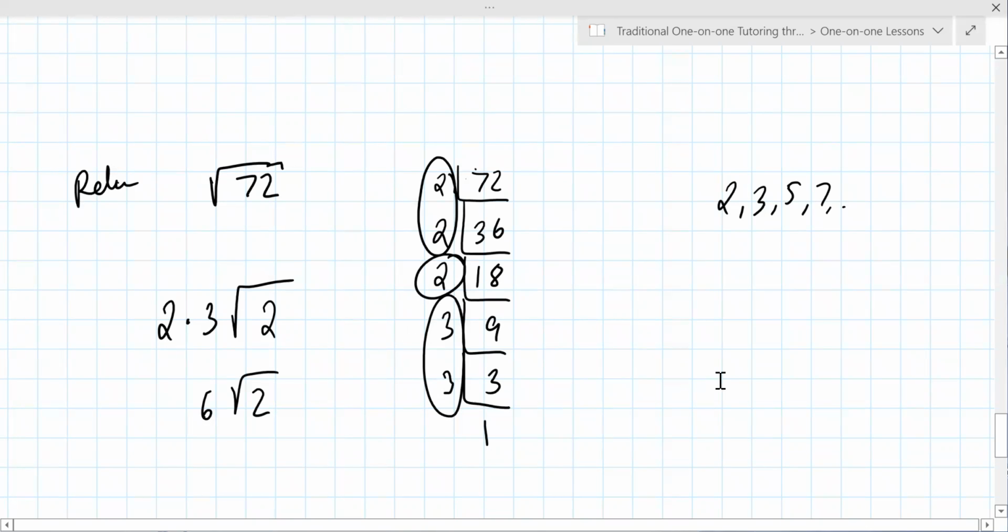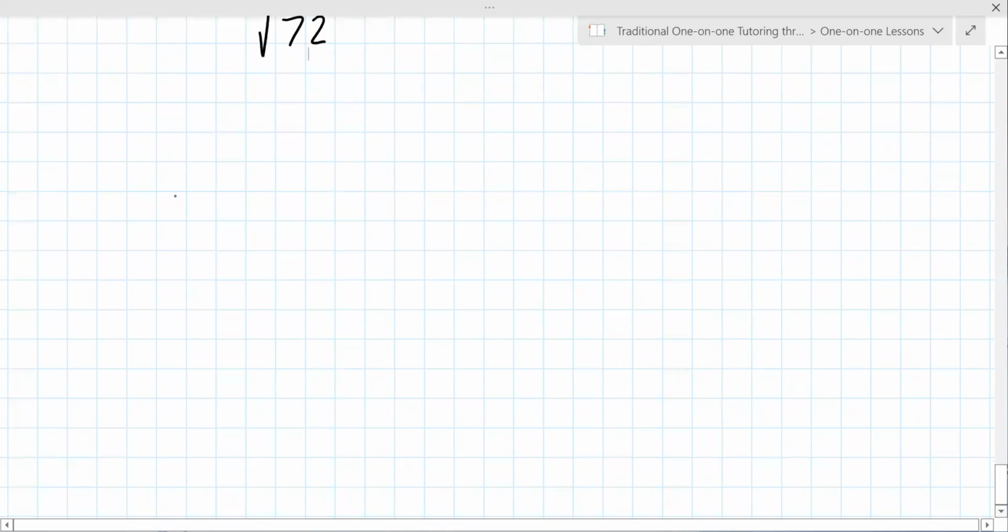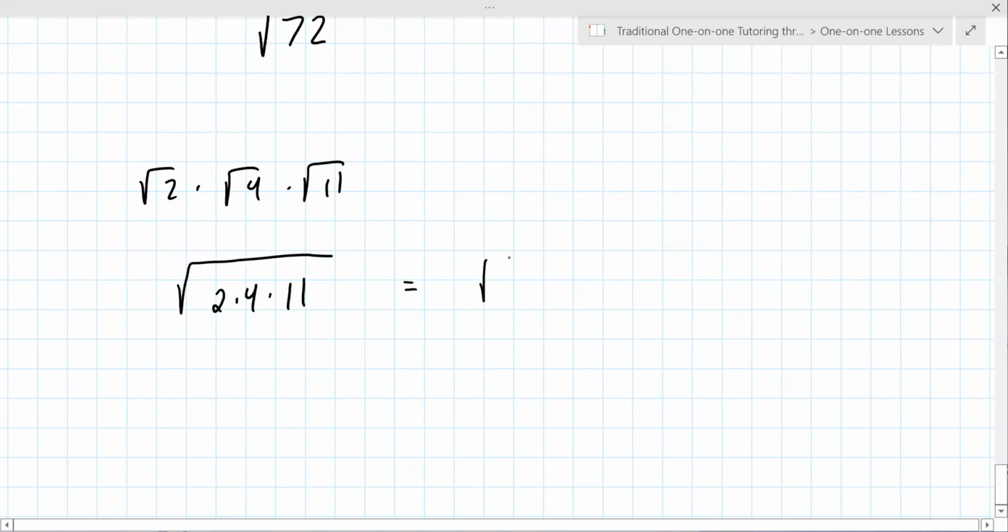Okay. So the one you gave me, let me grab it here. It's the square root of 2 times the square root of 4 times the square root of 11. You're going to multiply 2 times 4 times 11, which is 88, square root of 88, and you're going to build a factor ladder. Yeah, this isn't hard at all. Now there's a bit of a shortcut that I could show you in time, but it's not worth getting into right now.